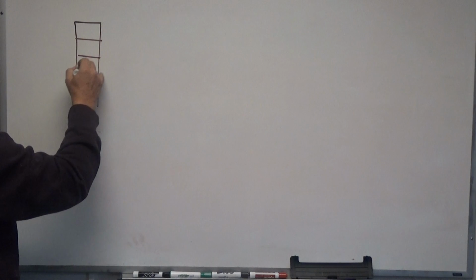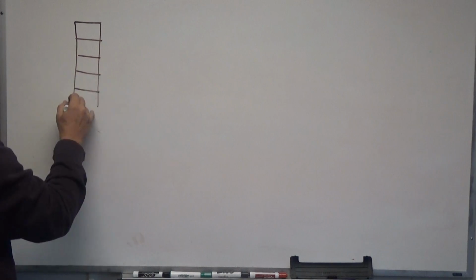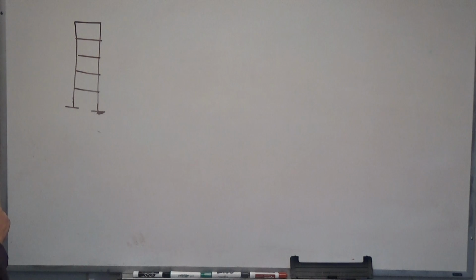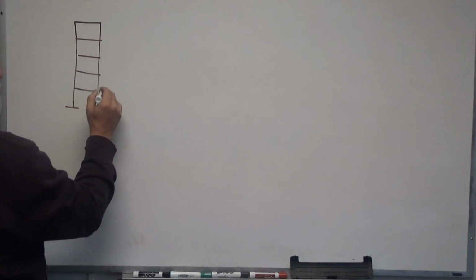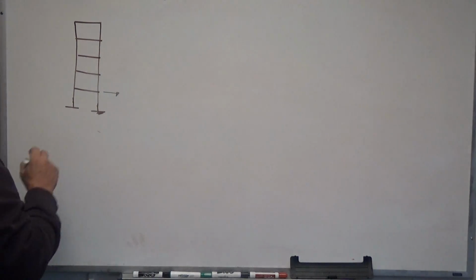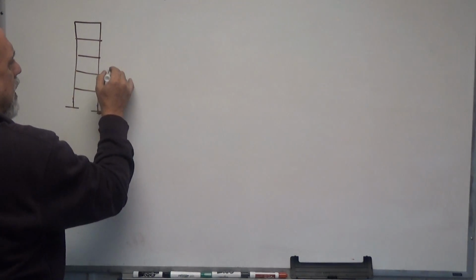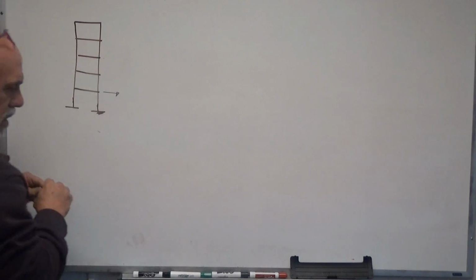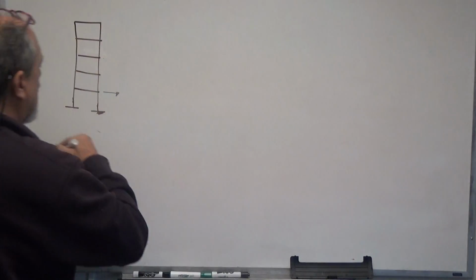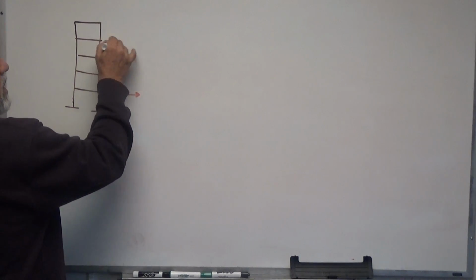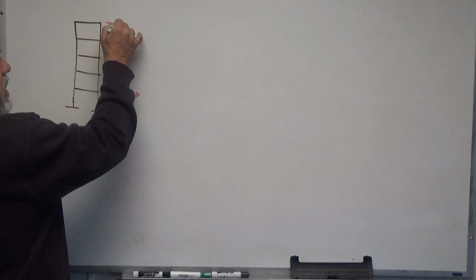So let's say that our structure was like this, okay? And that our structure had one input here and outputs here, here, here, and here.